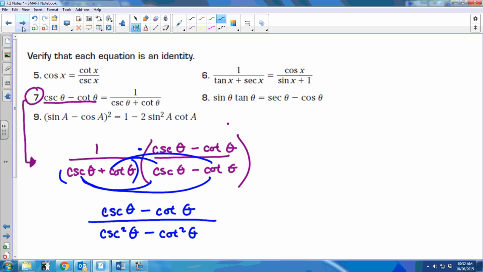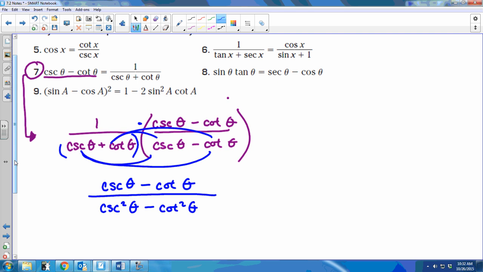So cosecant squared minus cotangent squared is just 1. Which leaves just cosecant theta minus cotangent theta, which is what we wanted from the beginning. Would I have expected you to do that on your own? Probably not. That's why I'm showing you different types of examples today in class.